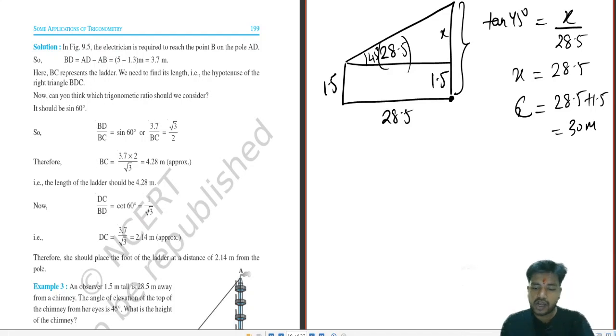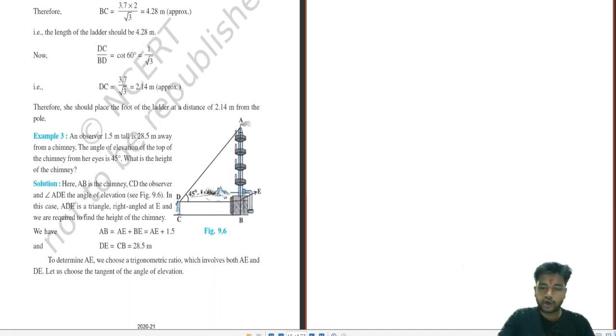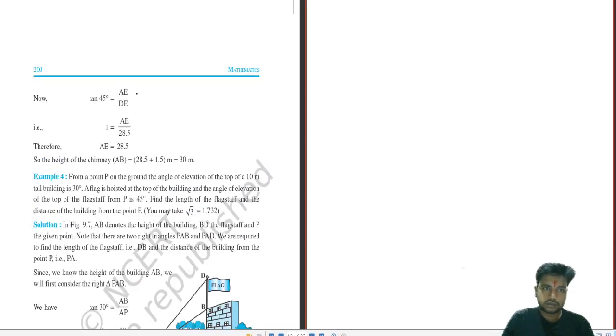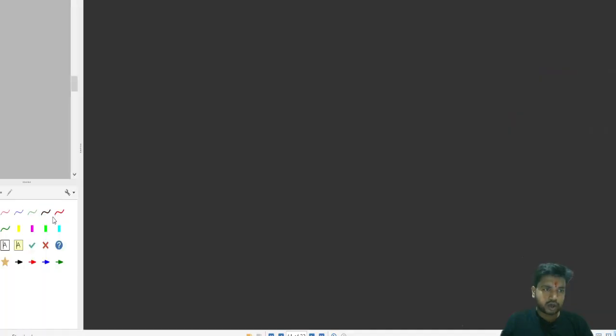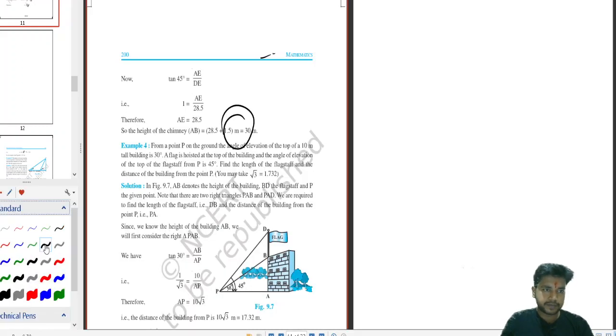Okay, so you have to be very cautious while solving the sums, and this would be more important for you. See, the answer lies over here, 30 meters. Okay, so make sure you do it very cautiously and solve it very purposely.